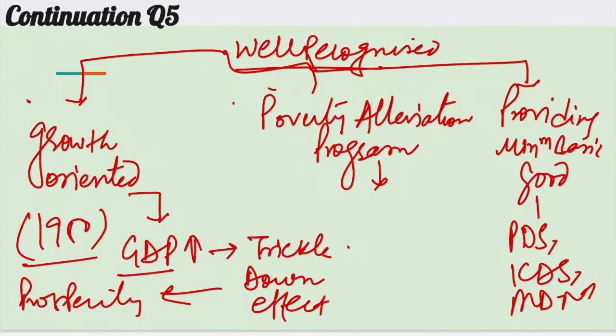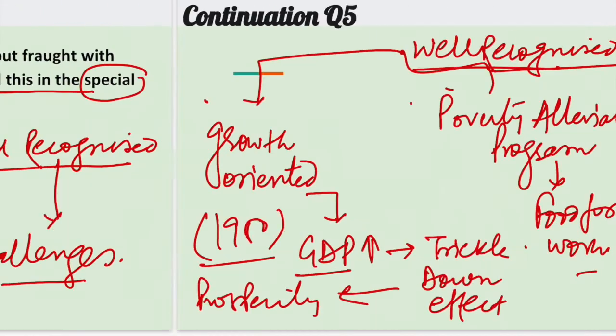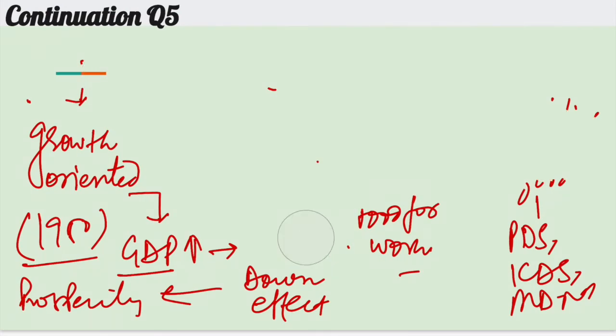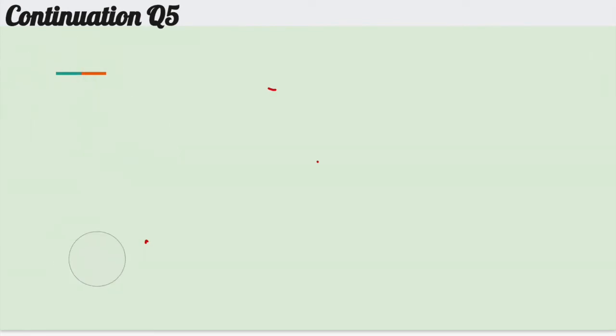And the best example of a poverty alleviation program, which was thought of in the third 5-year plan, is food for work. Basically, these are the steps taken by the government which are well recognized. However, in the next part you will have to address that it is fraught with challenges. So what have been the challenges, we will have to look into this.